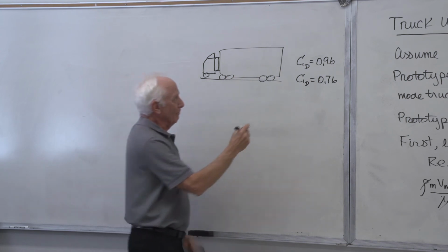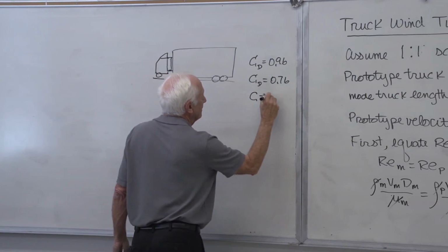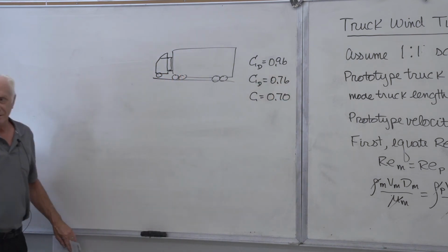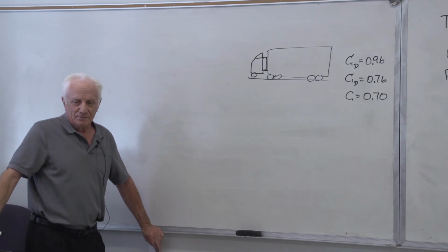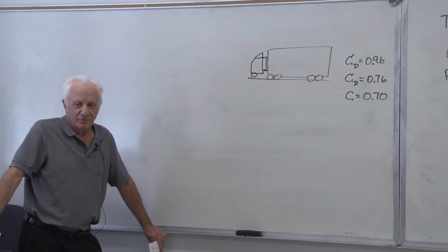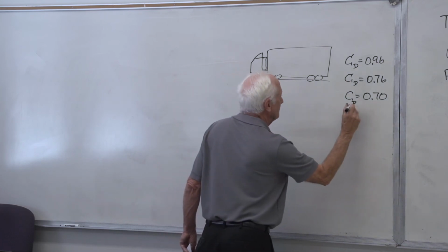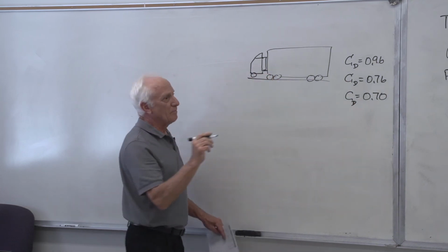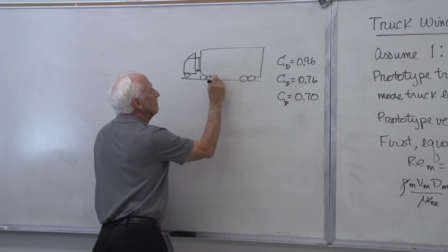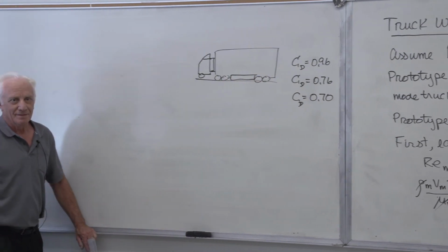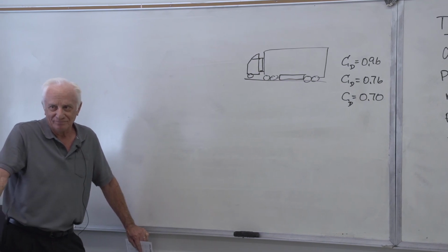C sub D, wow. 26% reduction. Boy, do I get better gas mileage now on the interstates, highways. That's what they do. You'll see them all over the place now. They put this skirt on it down here. That skirt is not to make it look pretty, believe me.